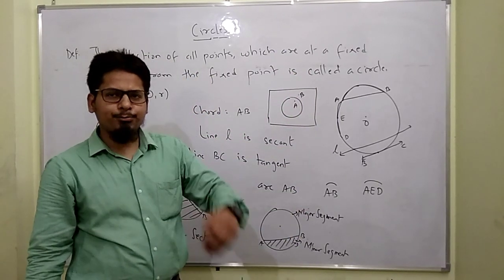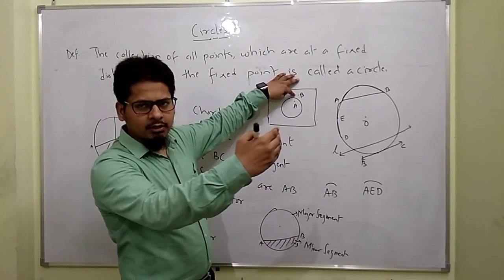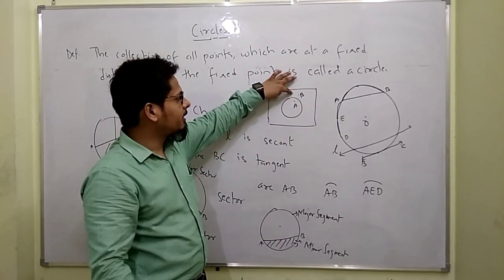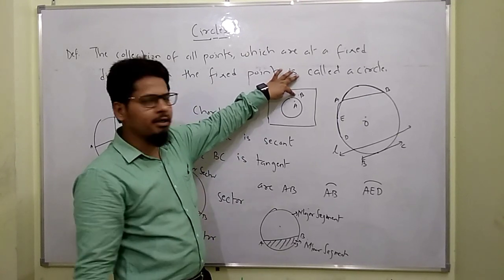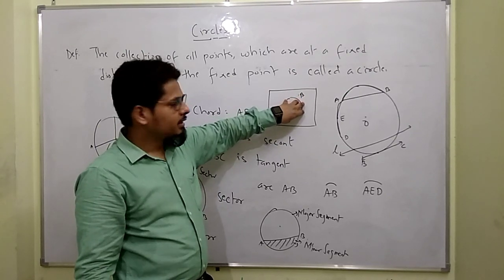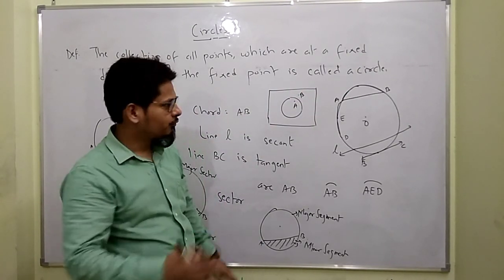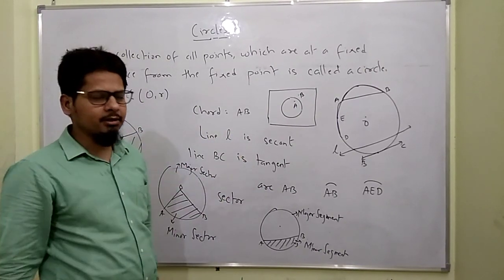Point B lies in the exterior of the circle. B is the exterior point and A is the interior point. This region is called the interior region, and this portion is called the exterior region. Which one is inside and outside? This is a simple thing.